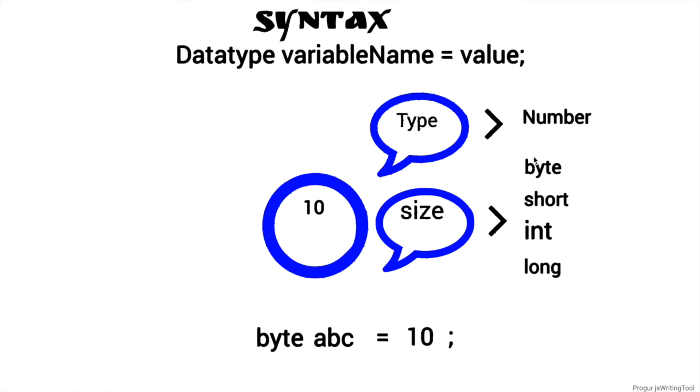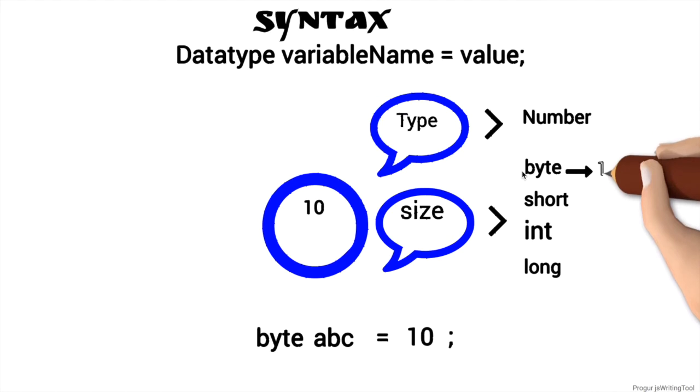All these data types that we have discussed, byte, short, int, and long, have one thing in common: they are used to store numbers. But they all differ in size. They occupy different memory space. So now let's learn how much memory they take.